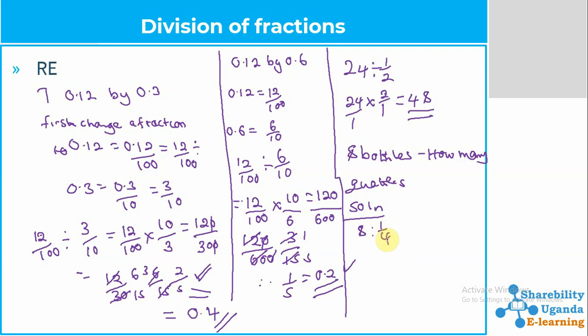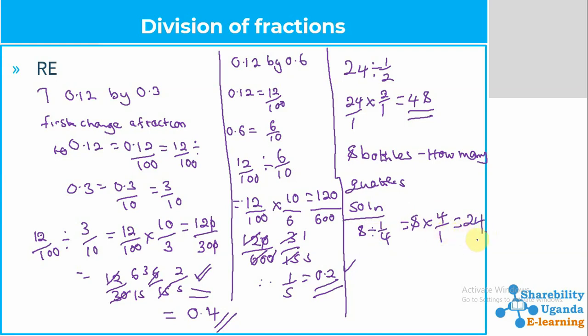This is how we write a quarter. Then this is going to be equal to our 8 times 4 out of 1. Our answer here is going to be equal to what? What is 4 times 8? 32.